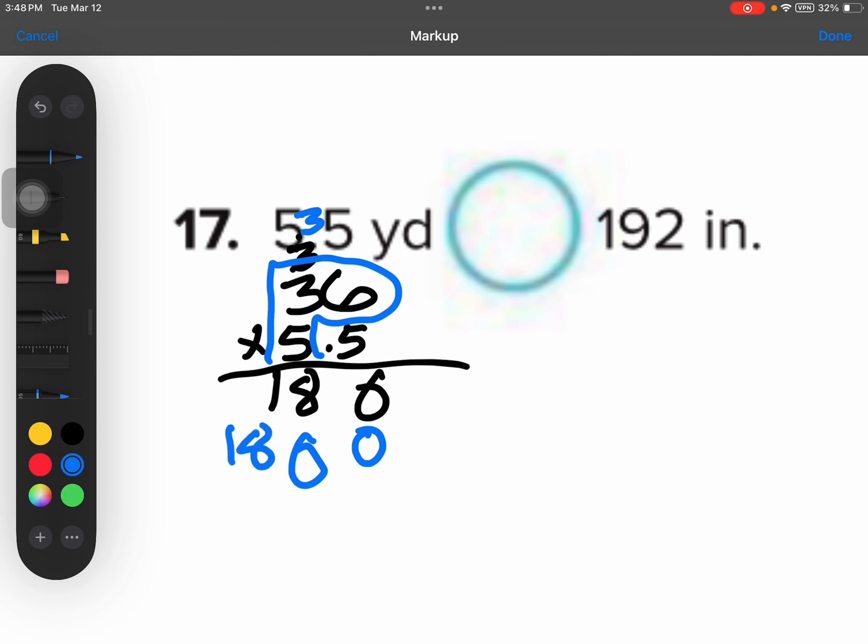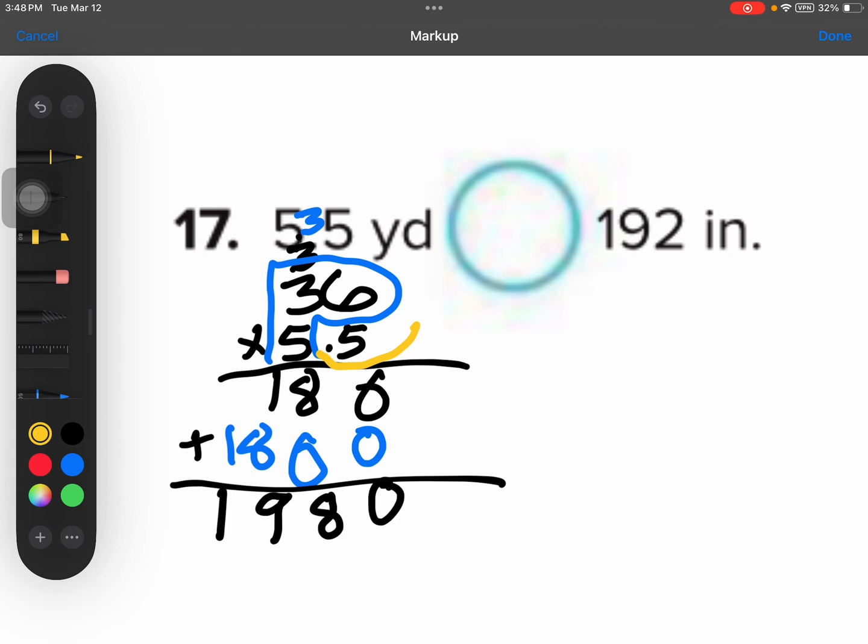I do 180 right here. Plus 0.891. And I have 1 decimal point, so I go over 1 decimal point. There we go. So I know that 5.5 yards is like 198 inches, and that is like 6 inches bigger than 192. So the greater than sign goes that direction.